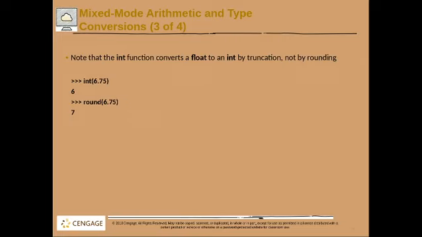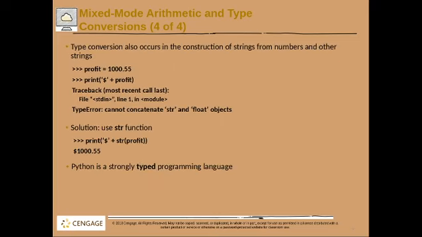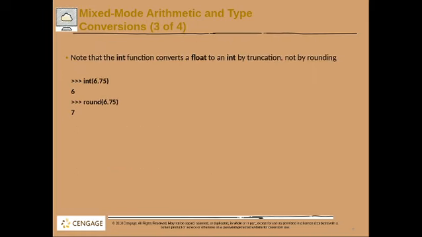So if you convert 6.75 to an integer, it will give you a value of 6 because it will ignore whatever is beyond your decimal point. Whereas if you use the function round, it will round off the number. You will have 7.